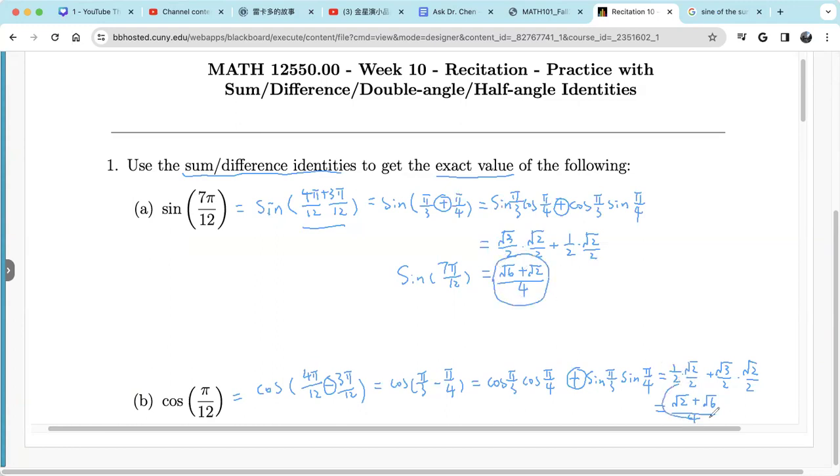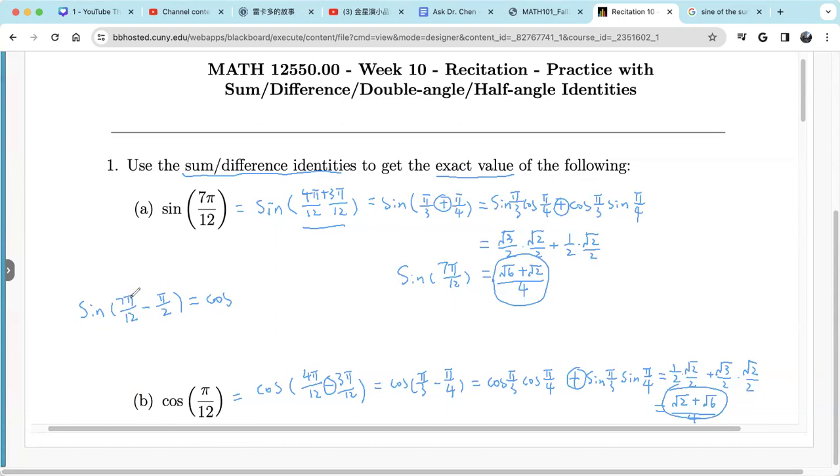Why is that? Co-functions, right? So sine of 7 pi over 12 minus pi over 2, which is 90 degrees, equals the cosine.